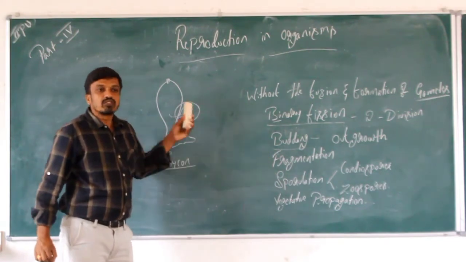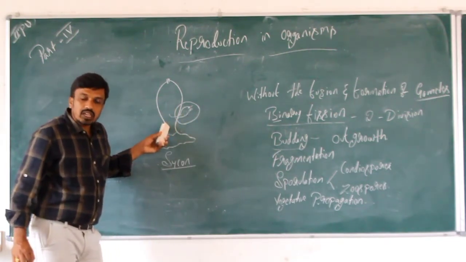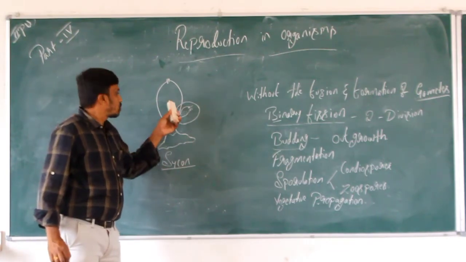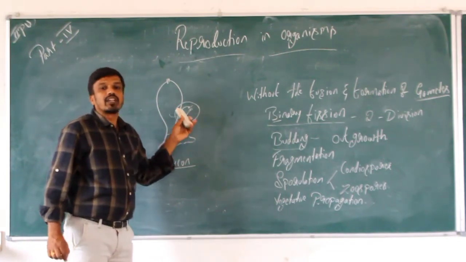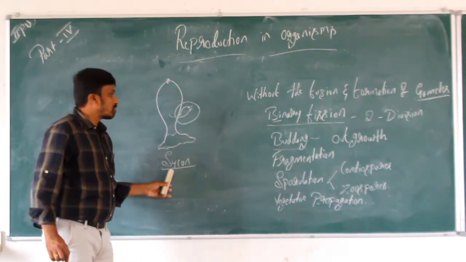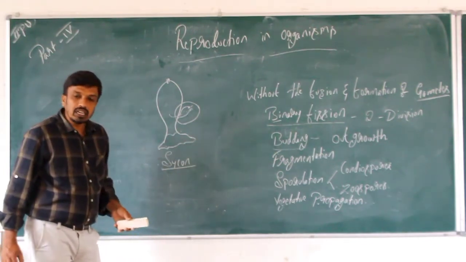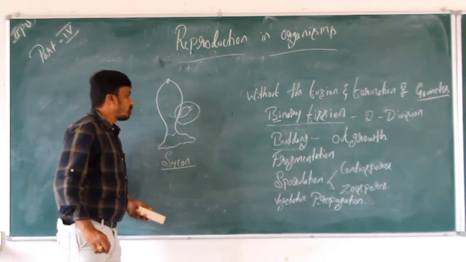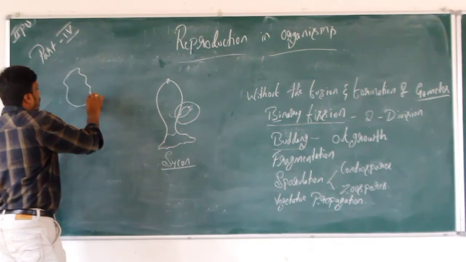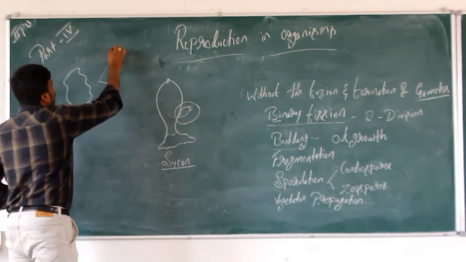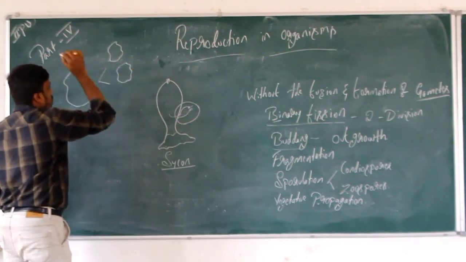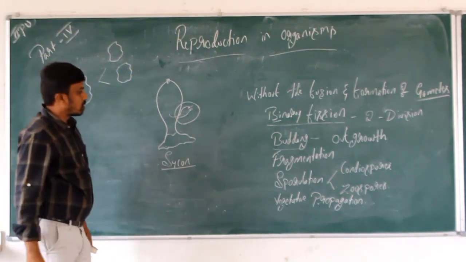Examples are sycon and hydra. Now binary fission: this is the parent cell, an amoeba. It divides into two equal and similar daughter cells.